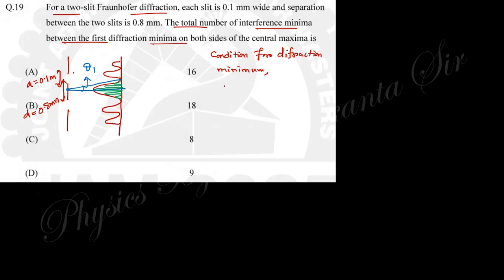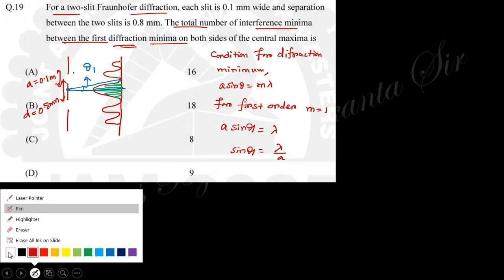For minimum diffraction, the condition is a sin theta equals m lambda, and for the first diffraction minima, the m value is 1. So a sin theta 1 equals lambda, so sin theta 1 equals lambda by a.